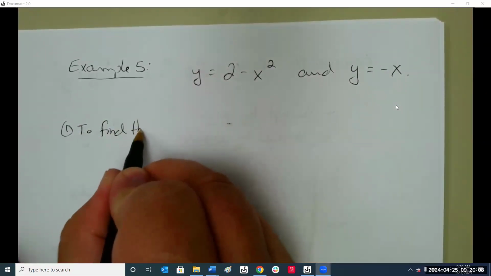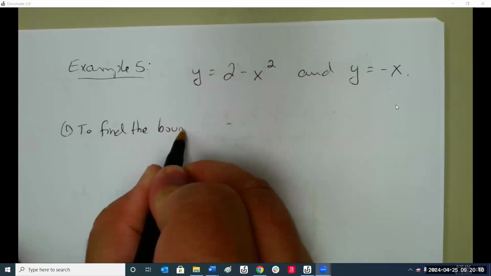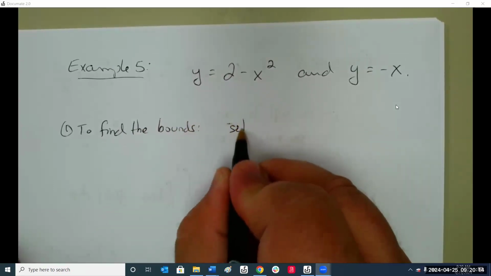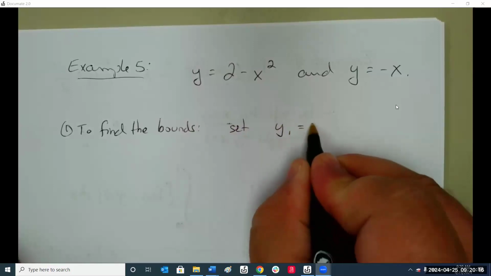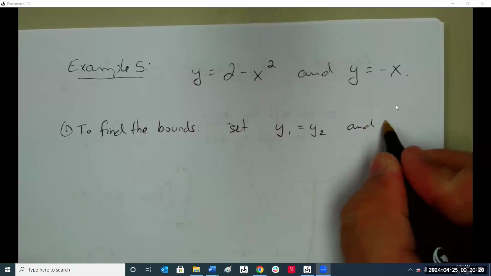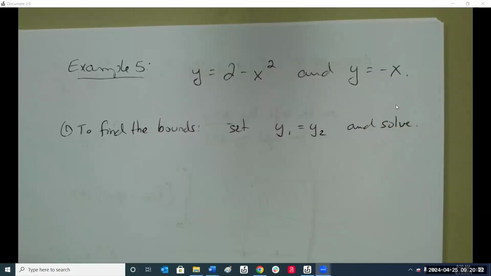To find the bounds, set y1 equal to y2 and solve. Because at the x values that come out here, that's where the two lines intersect. And that's the only place we can figure out where the two lines are going to be integrable.